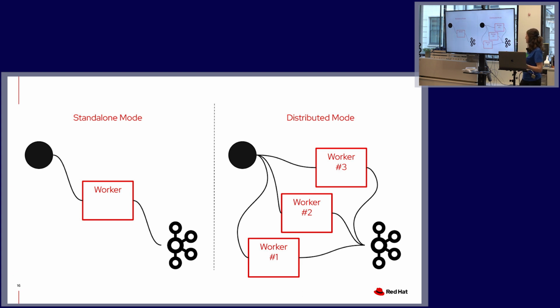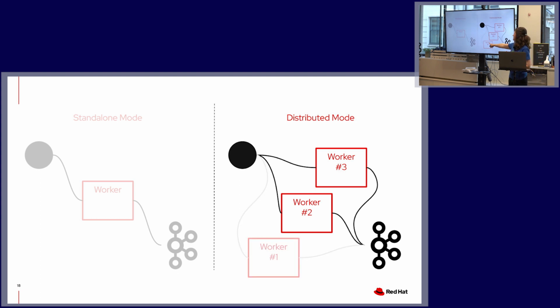The benefit of this mode, which is the one that I suggest you use, is that if a single worker goes down, you can automatically have the workload put onto the other workers in the cluster. You can actually run distributed mode as a single worker. So my recommendation would be, in most cases, you should just run distributed mode from the beginning, because you can't migrate across. You'd have to take down your Connect cluster and then bring it back up.